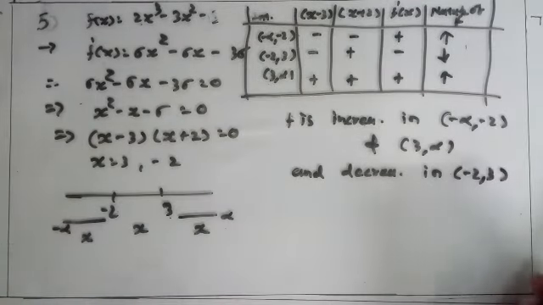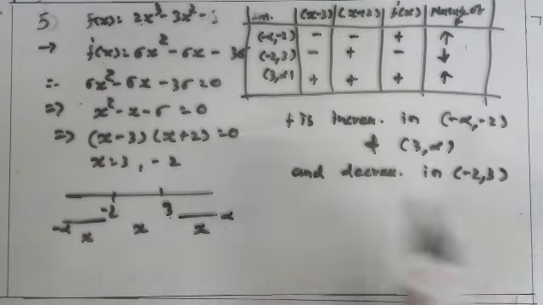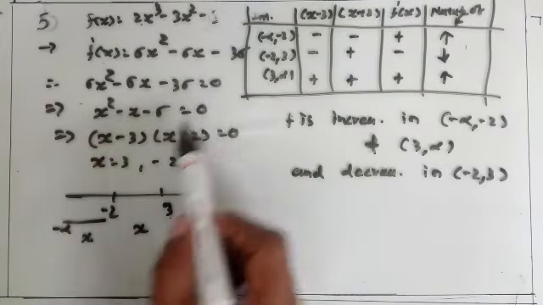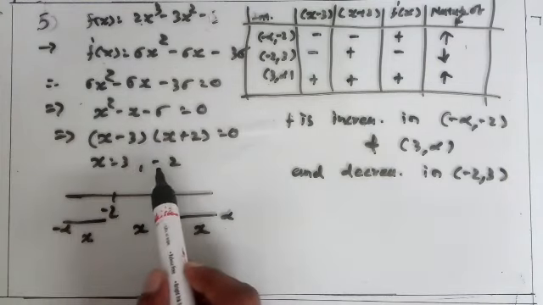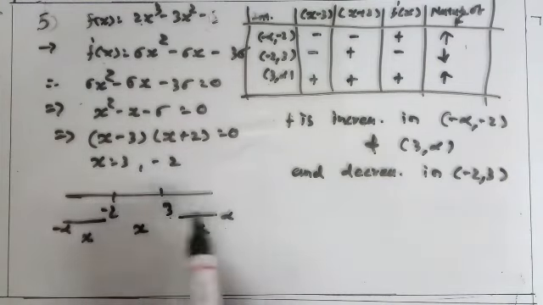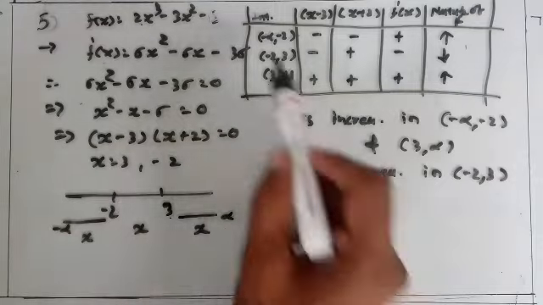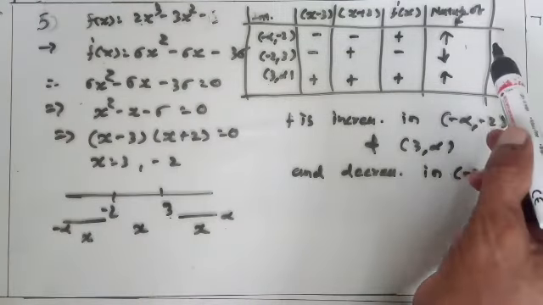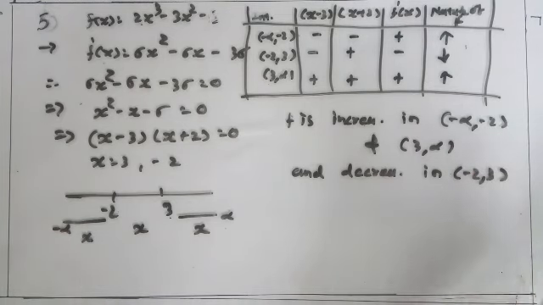Clear? So applying this method, we get the intervals in which a given function is increasing and decreasing. For this, first we get the first derivative, compare the first derivative with 0, get the factors, from this get the values of x and change into interval form, and using this value table, we discuss the nature of the given function, whether it is increasing or decreasing.